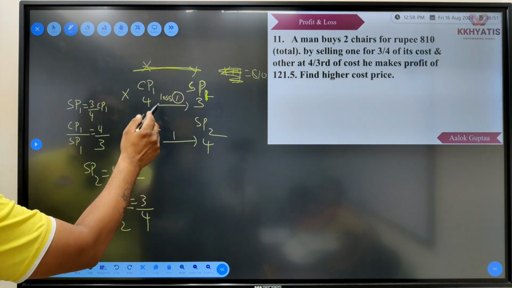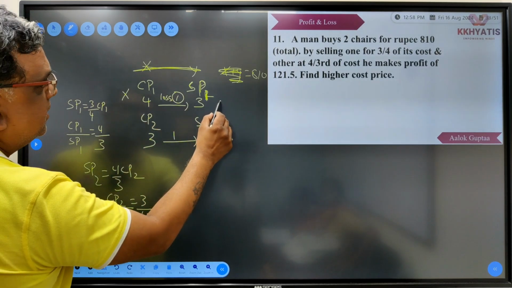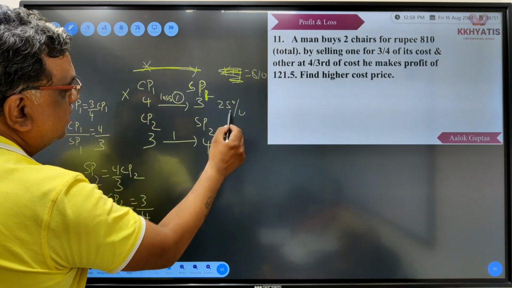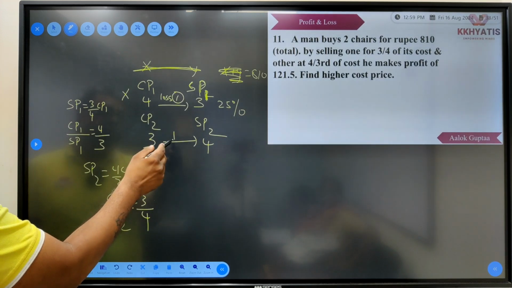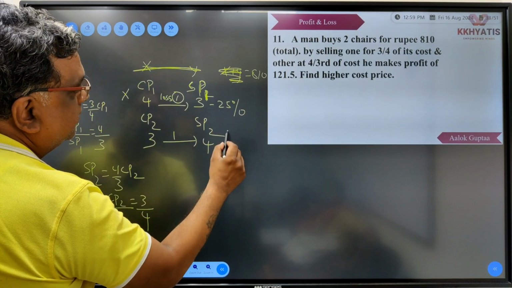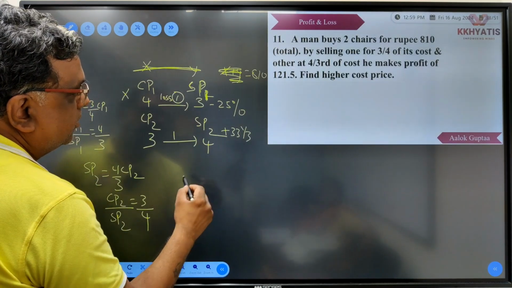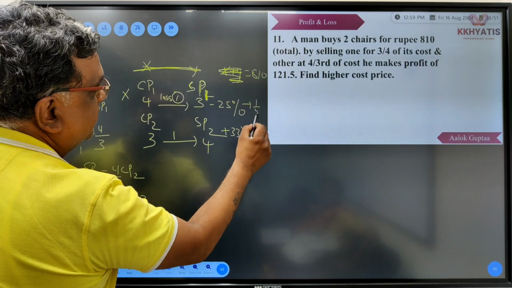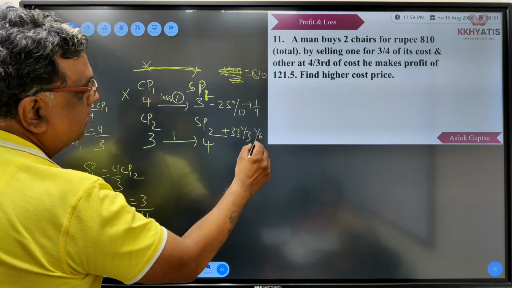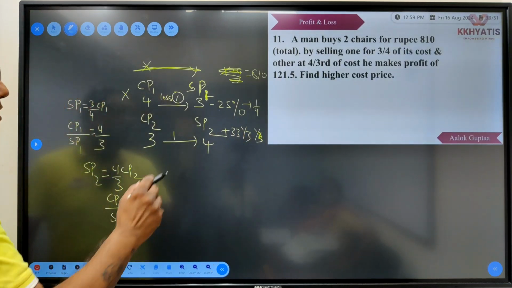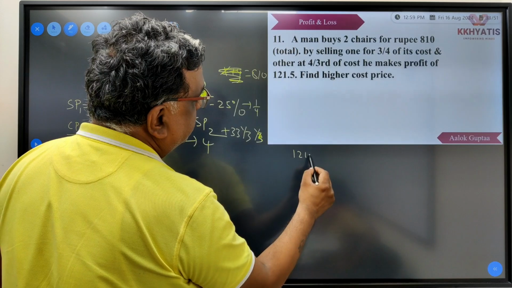So if you see, here he is making a loss of 1 over 4, which is 25% loss. Here he is doing a profit of 1 over 3, so a profit of 33 1 by 3 percent. Or we can say, let us keep 1 by 4 and 1 by 3 only. Right? And in the overall transaction, he is making a profit of 121.5.